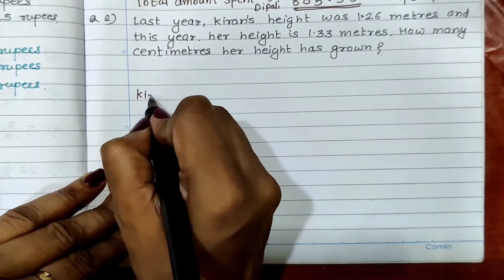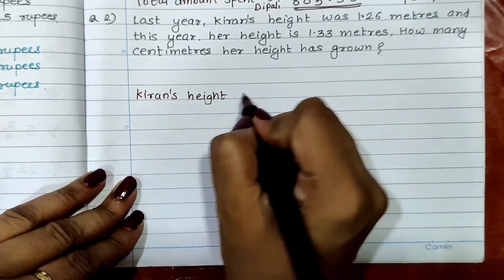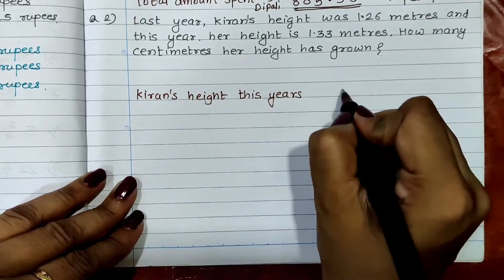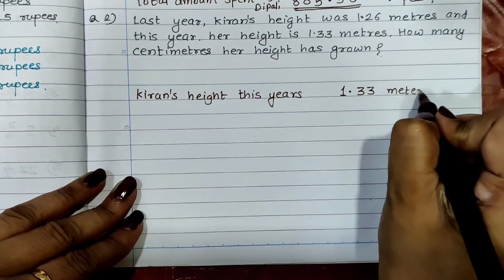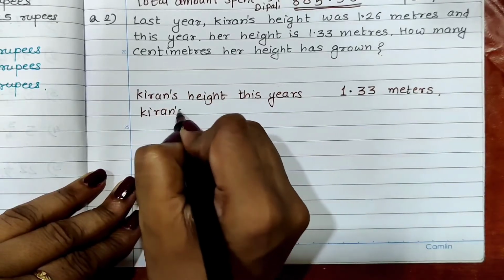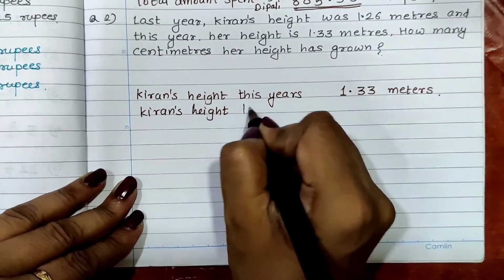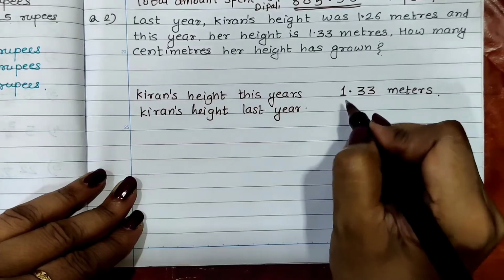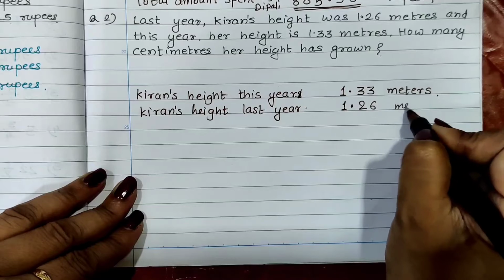Kiran's height this year is 1.33 meters. Kiran's height last year is 1.26 meters.